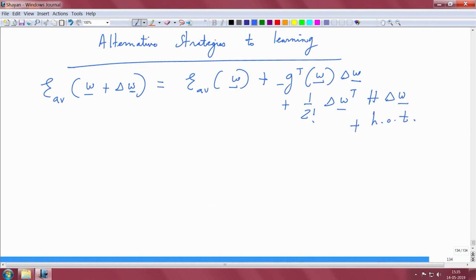Right? We can think about this expansion as a small perturbation delta W around this weight vector W.